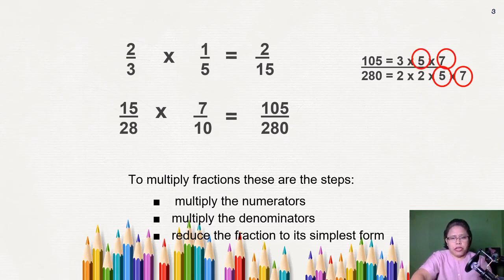So, ibig sabihin, itong dalawa na to ay pwedeng i-divide ng 35 kasi ang GCF niya is 5 times 7 kasi ito yung dalawang common, times natin, you get 35 as the GCF. So 105 divided by 35 and 280 divided by 35, you have a final answer of 3/8.